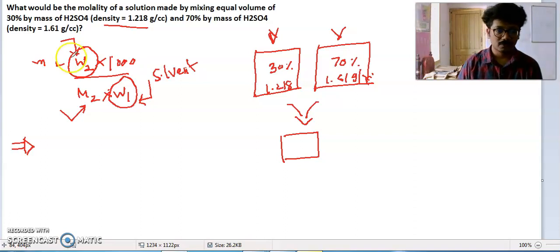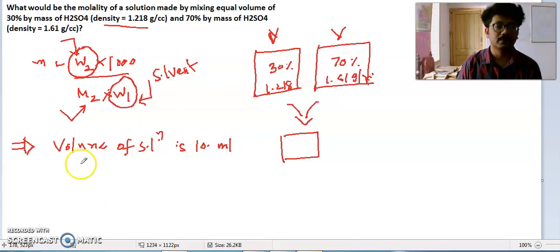So the first step of the solution is to imagine, suppose, the volume of solution is 100 ml, as the percentage is given.